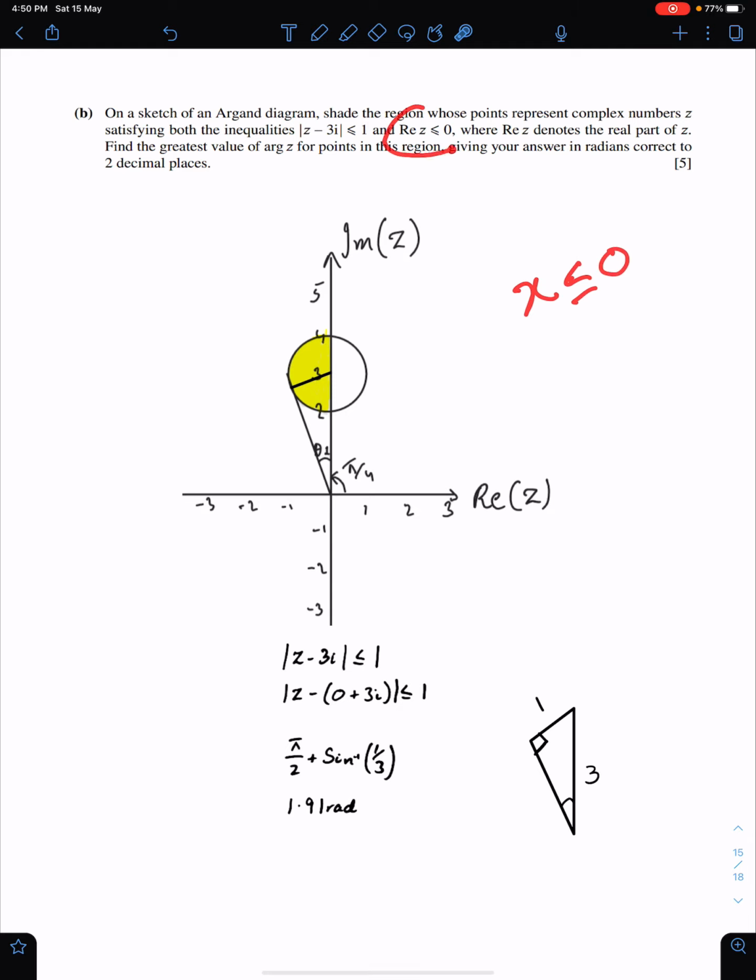Real part of z is less than or equal to 0. Find the greatest value of argument z for points in this region, giving your answer in radians correct to 2 decimal places. You need to shade this side of the line.